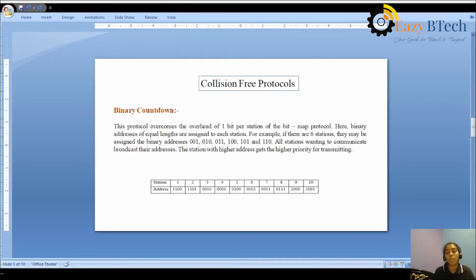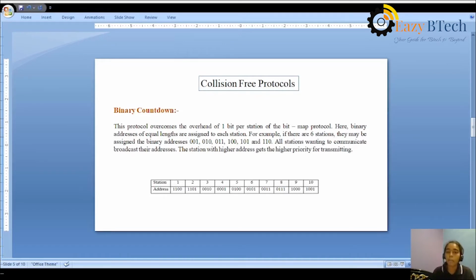So this is priority based, right? If there are 8 stations, 8 binary bits will be allocated. The binary addresses will be allocated to each and every station by using a higher priority.